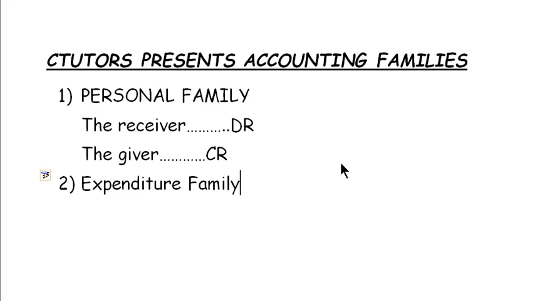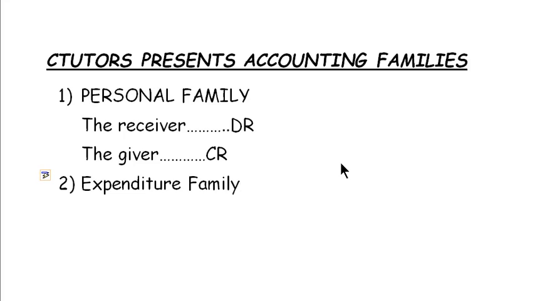So I will say that in this family, anything that has to do with payments made by a business is called expenditure, or it belongs to the expenditure family. But one thing you should know is this: some expenses made by businesses are done on regular basis, while some expenses made by businesses are done irregularly.